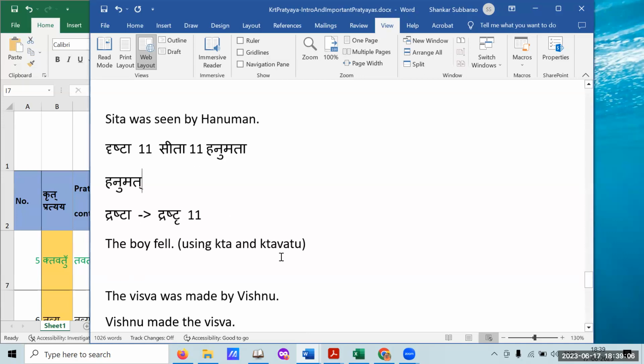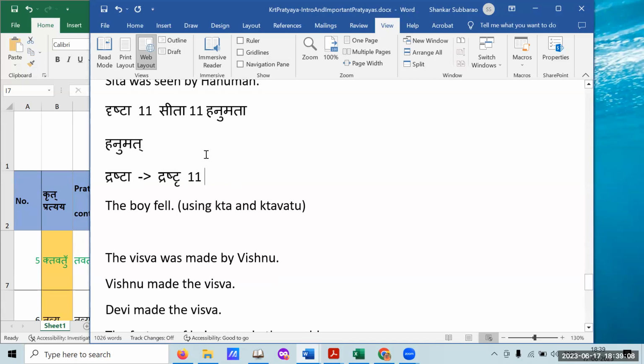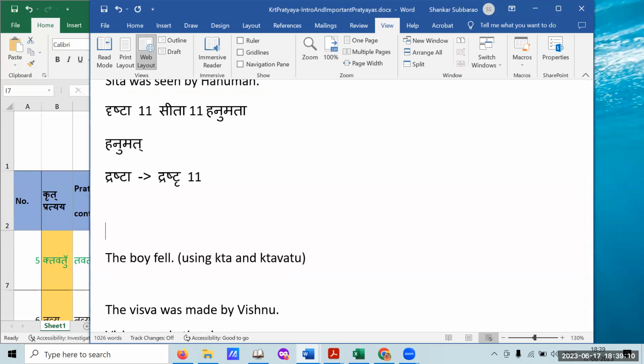Now, suppose you want to say Hanuman saw Sita. How will you say it now? Yes, Santosh. Hanumanaha Sitam Pashyati. Wait. First, you have to know, the Hanumat pratipadika, how does it decline? Hanuman. Not Hanumana. Okay?